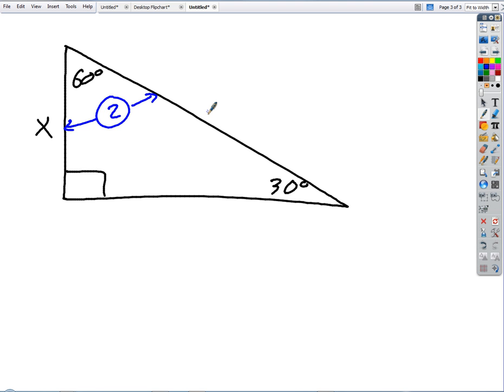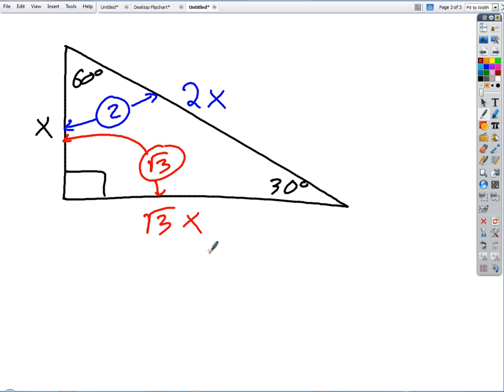Multiply, right? So I would know then that the hypotenuse is just 2 times x. The magic number that links the short side to the medium side is the square root of 3. So the medium side is always going to be the short side times the square root of 3.